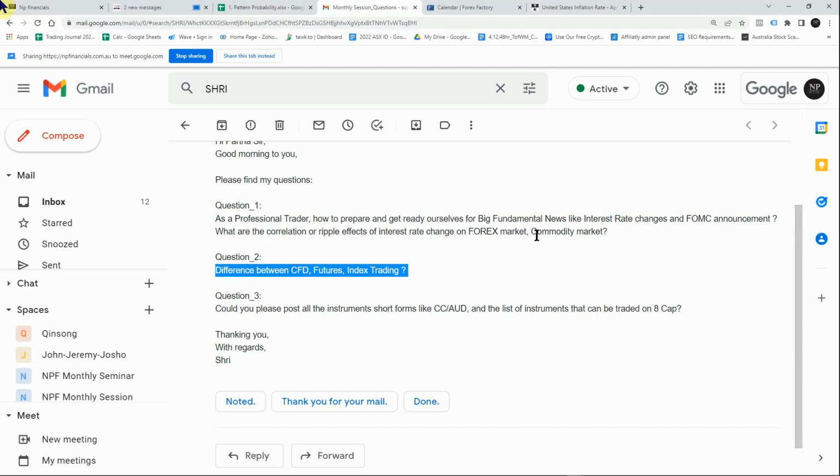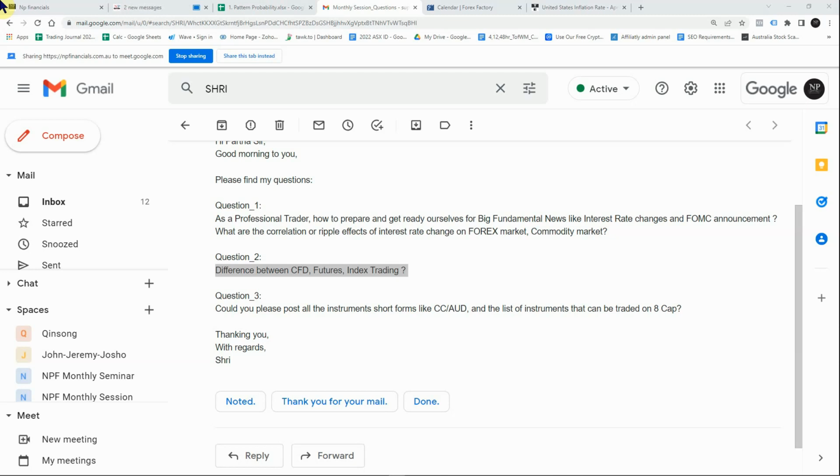A future is also a CFD. When you trade futures, you don't buy the asset, you buy the difference. Index trading is also basically CFD trading. Futures is what CFD is called in the US and India. I think in all other places it's CFD only.